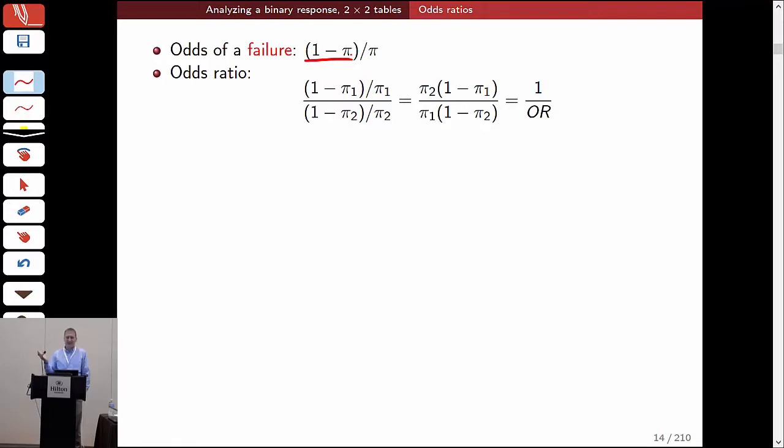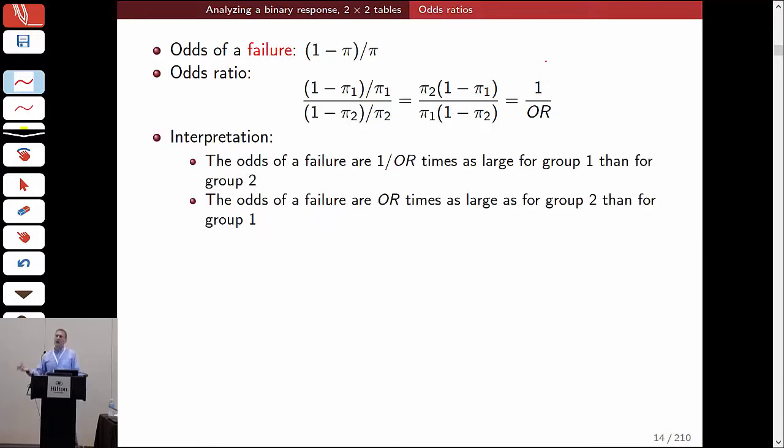If you were to do an odds ratio concerning the two odds of a failure for the two groups, you get just 1 over the odds ratio that you had previously when dealing with odds of success. So your interpretation becomes: the odds of a failure are 1 divided by OR times as large for group 1 than for group 2.